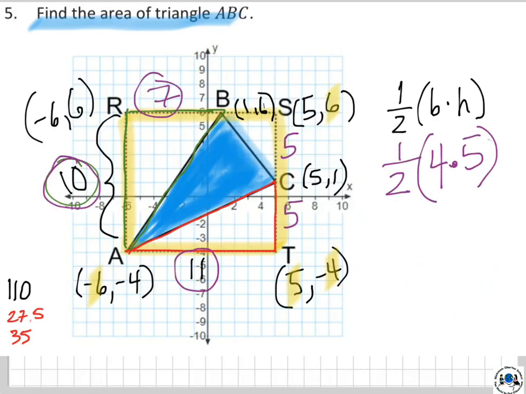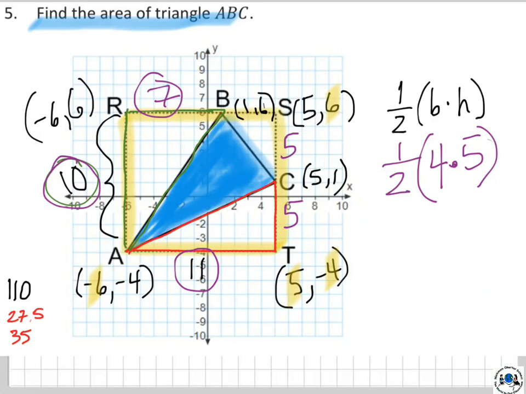We can see that the entire base of the rectangle is 11, and we already have 7 figured out. We know that the remaining part is going to be 4.